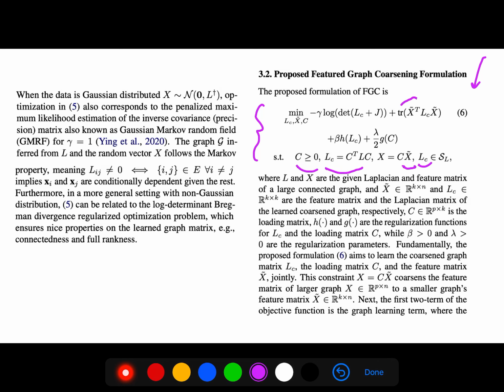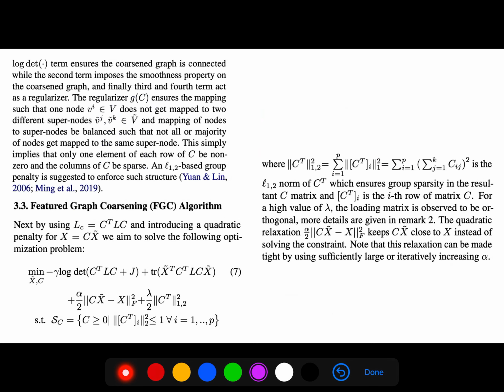So the trace of X transpose L X should be minimized. And also the G of C, because G of C is a regularizer that ensures the mapping such that one node does not get mapped to two different supernodes.